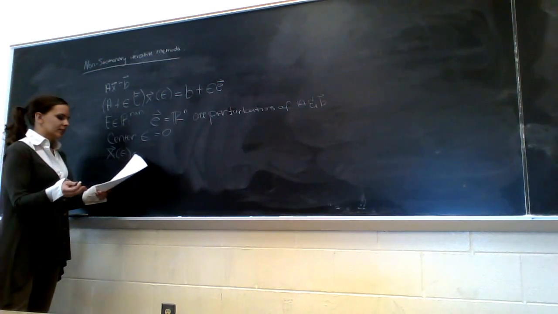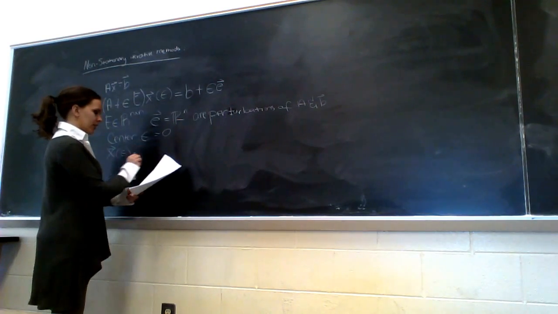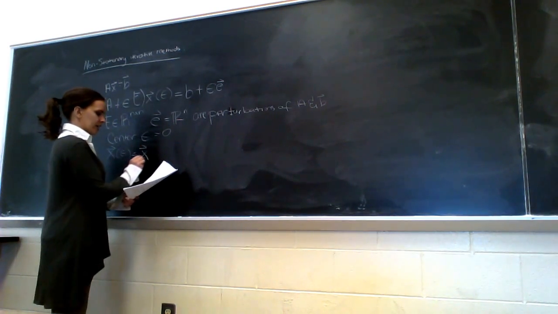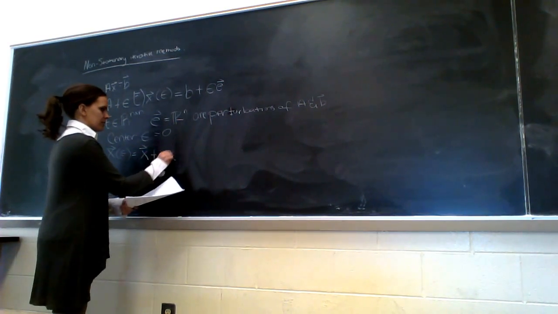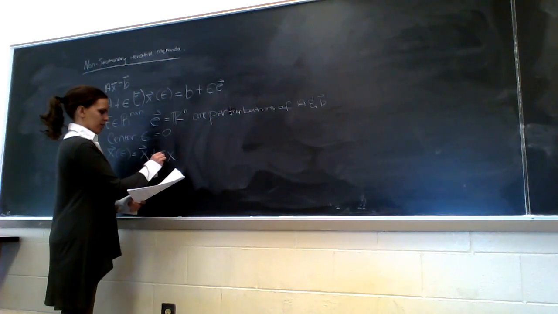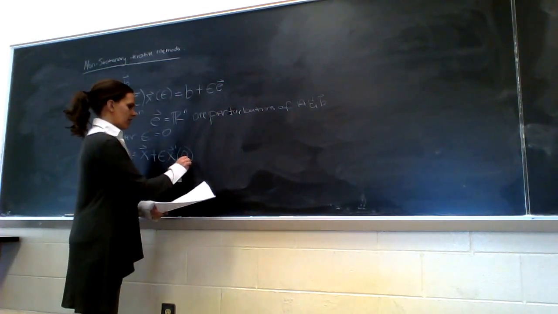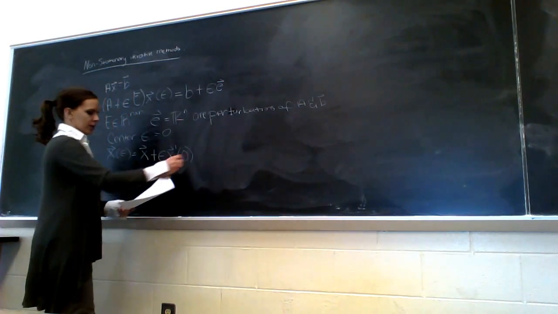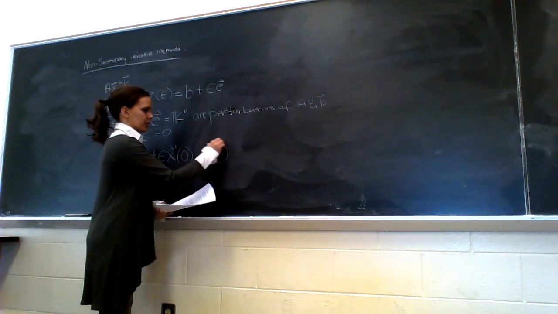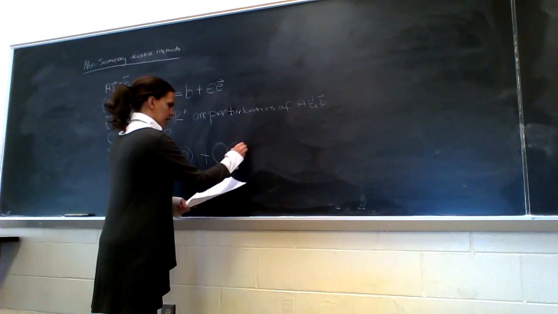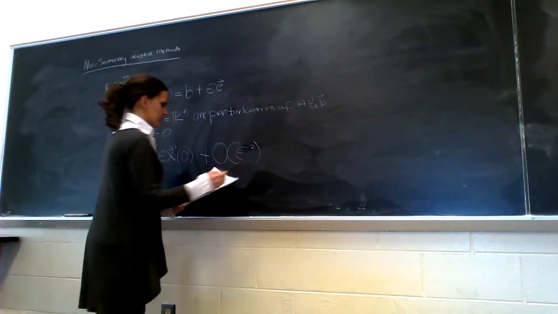But here our center is going to be 0, so that will simplify this a lot. We just have x of 0 plus epsilon times x prime of 0, I'm just going to go up to the first order, and everything else can be represented by O of epsilon squared.